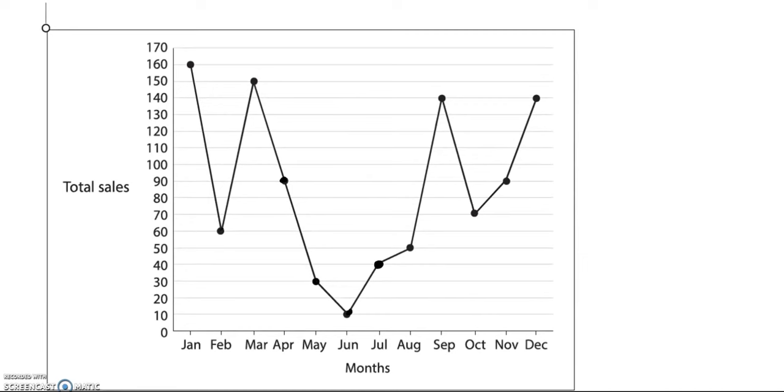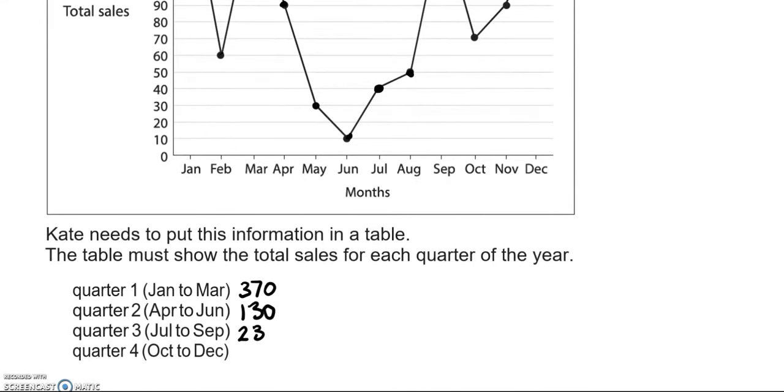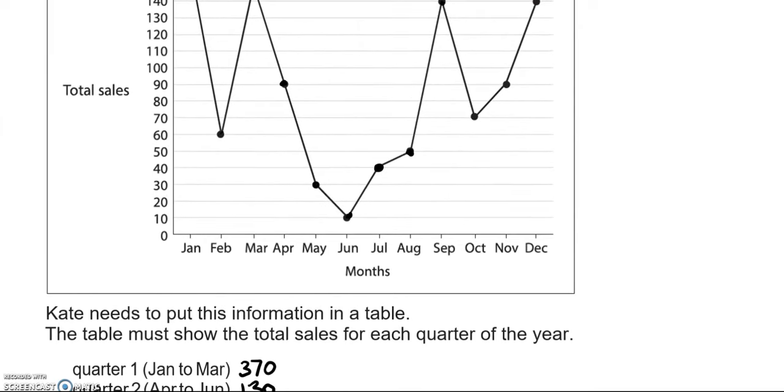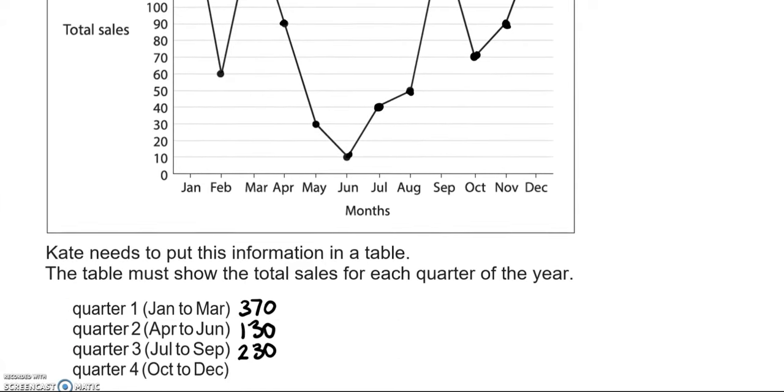So July is 40, August is 50, and September 140. So adding them 3 gives us 230. And the last quarter starting from October. So we've got 70, and then 90, and then 140, which equals 300.